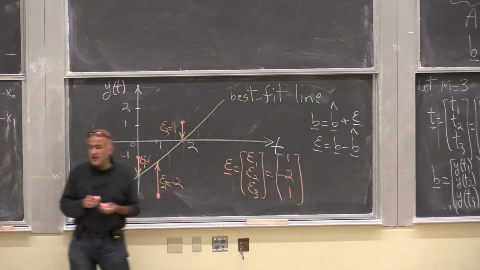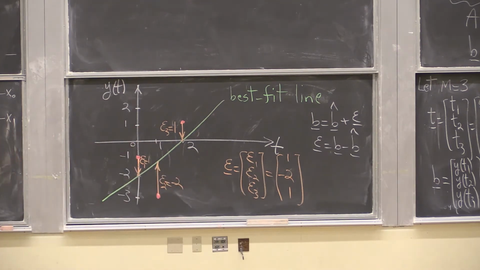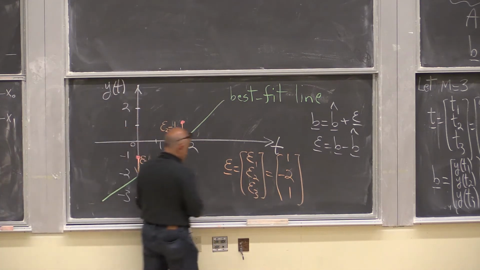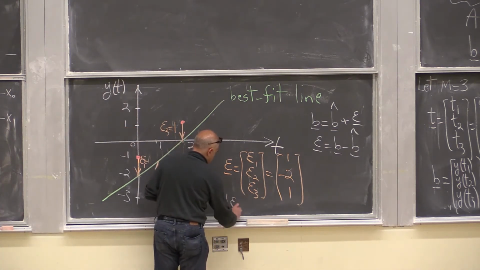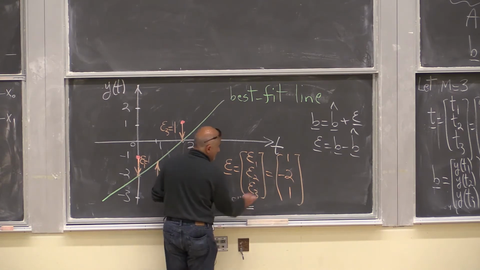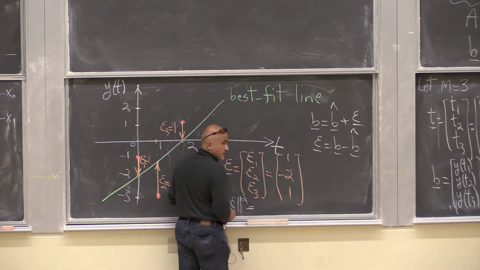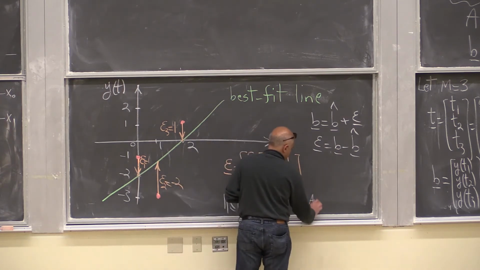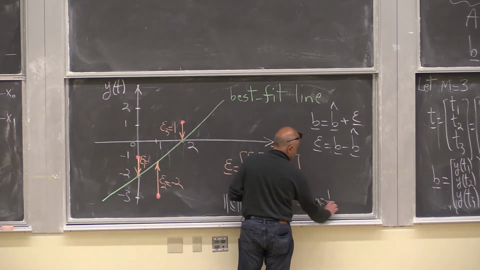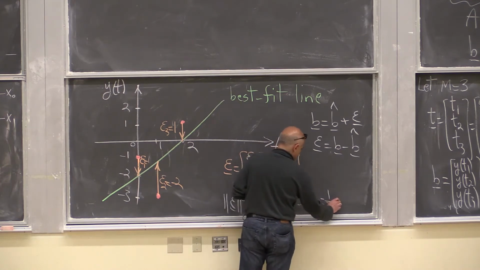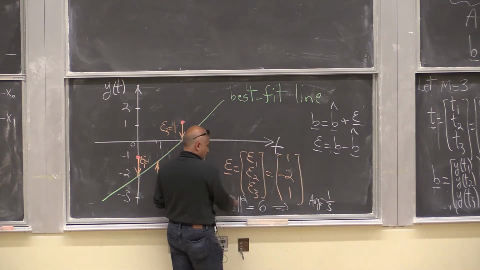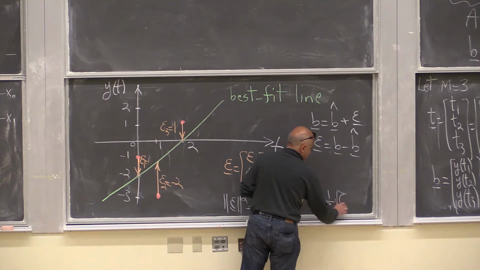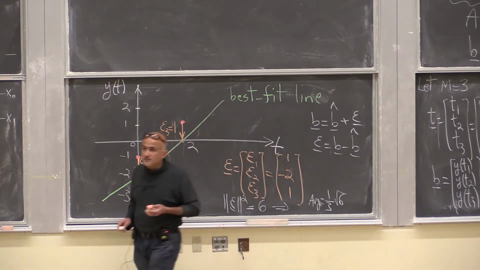And you can figure out the magnitude squared of that vector and divide by the number of data points to get the average error. So magnitude squared would be 1 plus 4 plus 1. And the average error then would be 1 over the number of data points times the actual magnitude, which is square root of 6, whatever that number is.